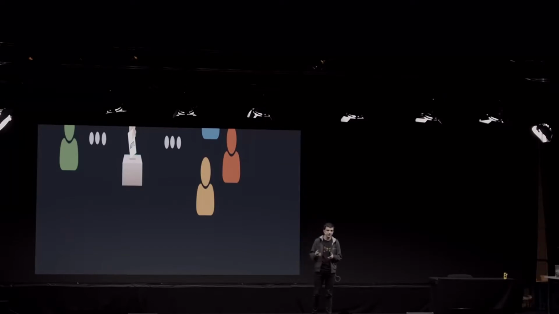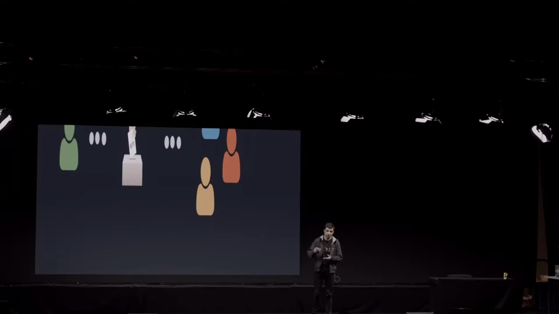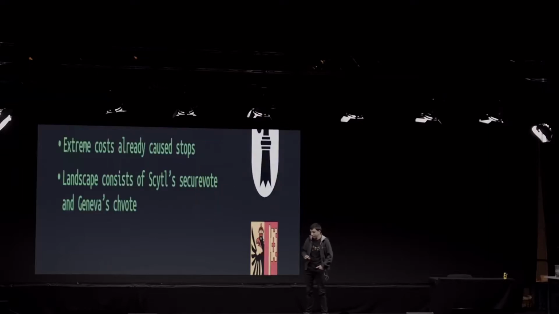And that checksum is for your individual verifiability, so that you can prove mathematically that your vote has been counted correctly. On the other side, the government gets the universal verifiability, where they can check mathematically if all votes have been counted correctly.